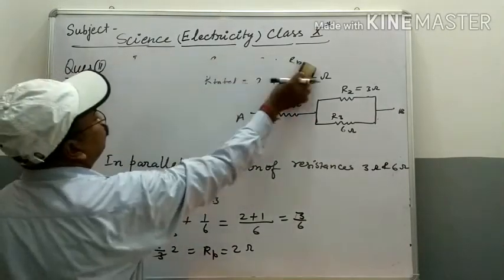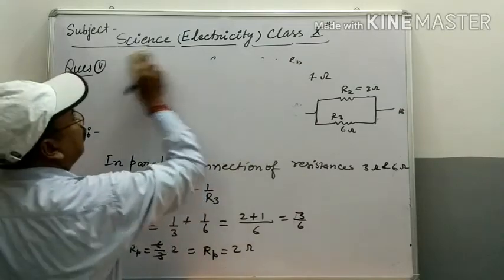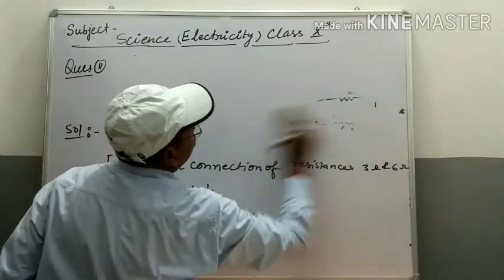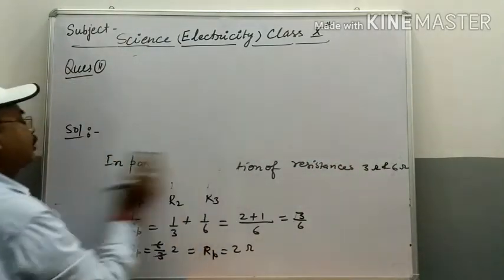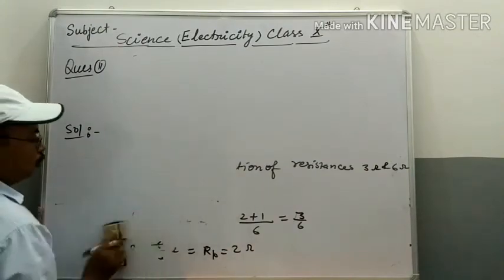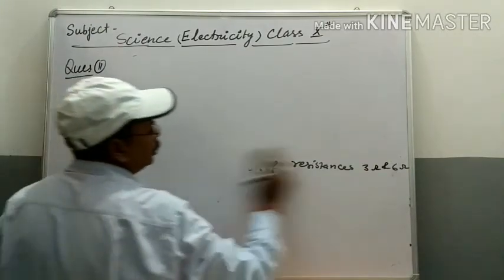Now the second one: we need to find the connection for a total value of 1 ohm. The total resistance of the three resistances 2 ohm, 3 ohm and 6 ohm should be 1 ohm.